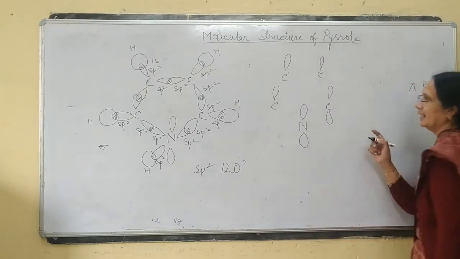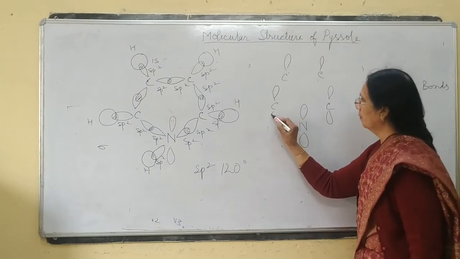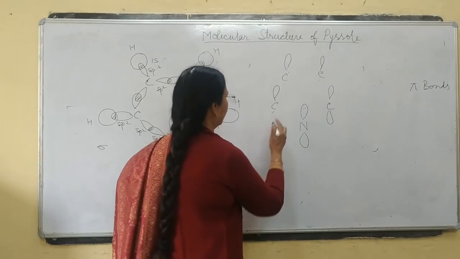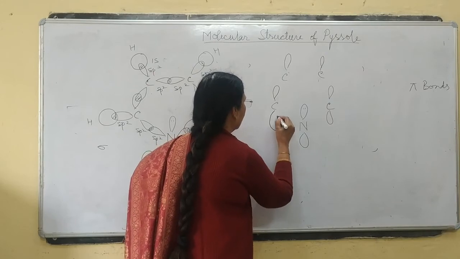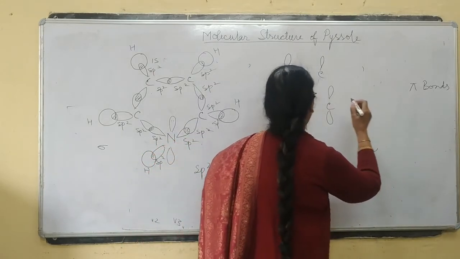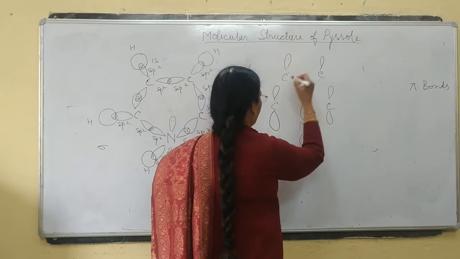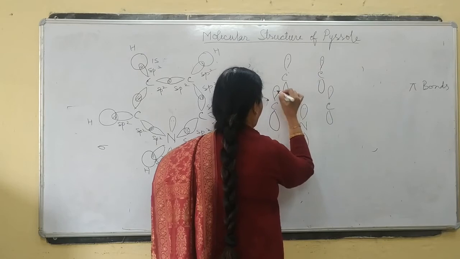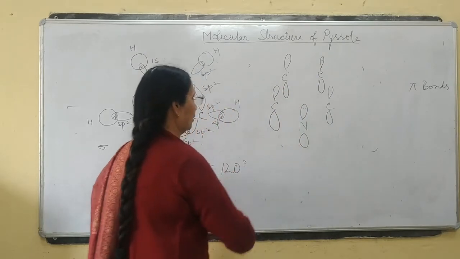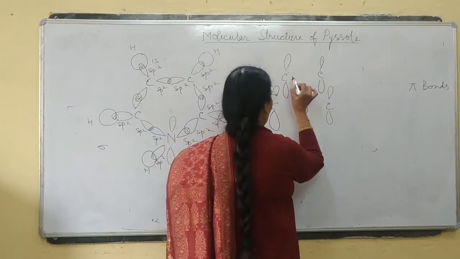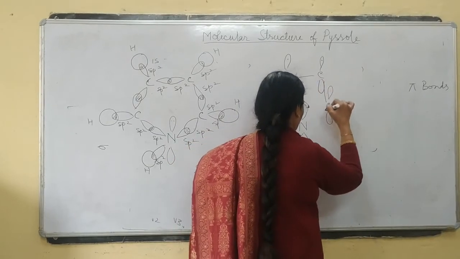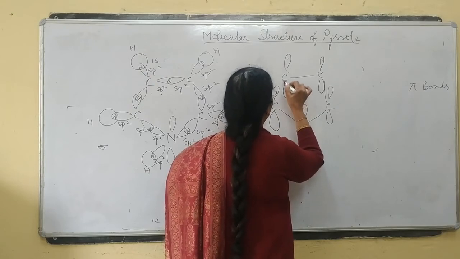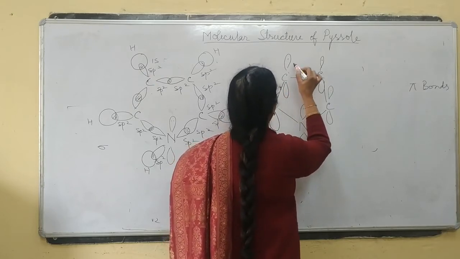But here we can see that the pz orbitals overlap, forming pi bonds. These have one electron each, and this nitrogen has 2 electrons. Now they overlap like this.